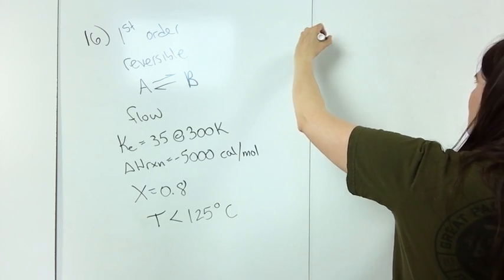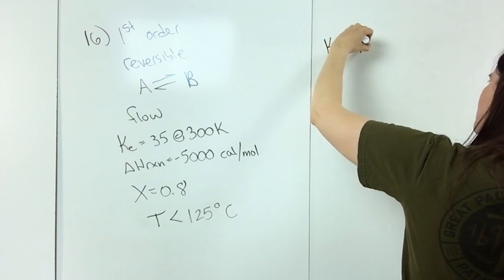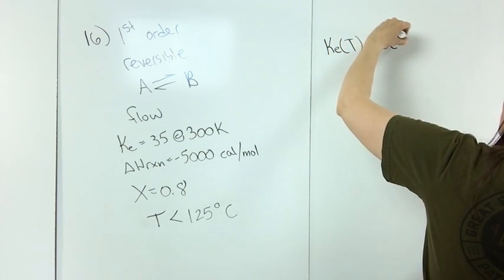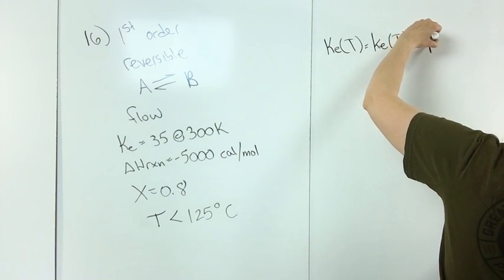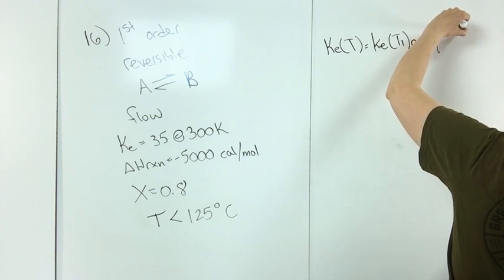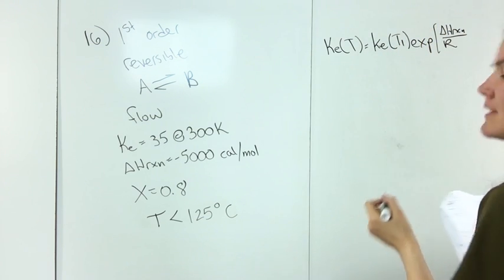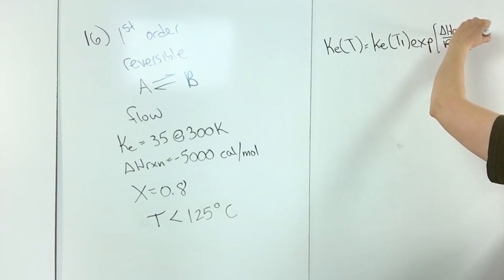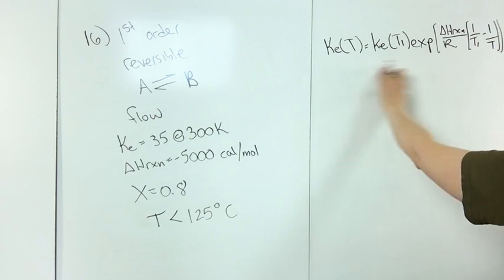So this is Ke at T is equal to Ke at T1 times exponent of delta heat of reaction over R, times 1 over T1 minus 1 over T. You can look this equation up.